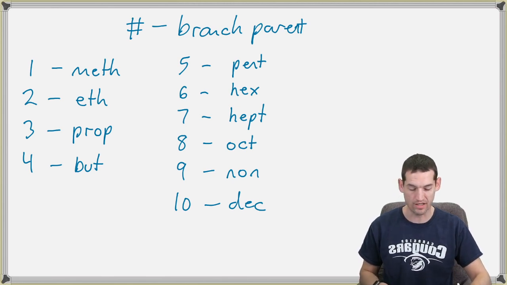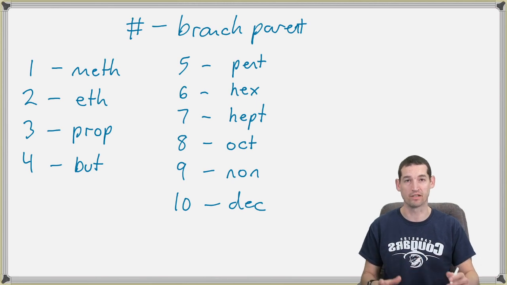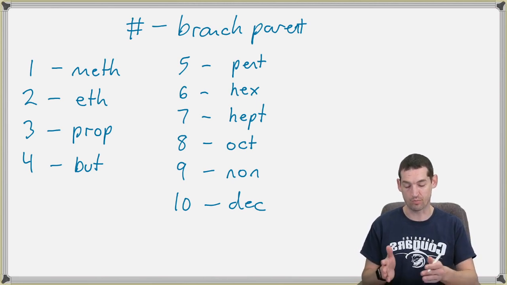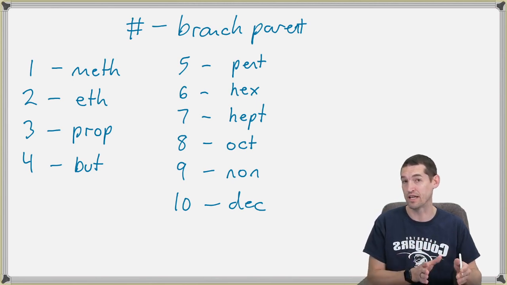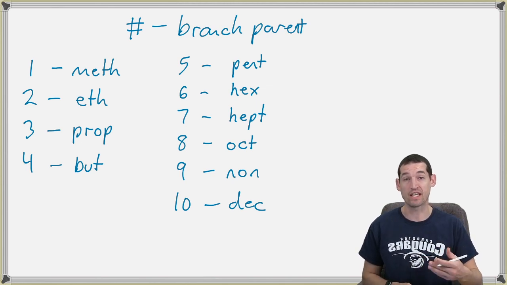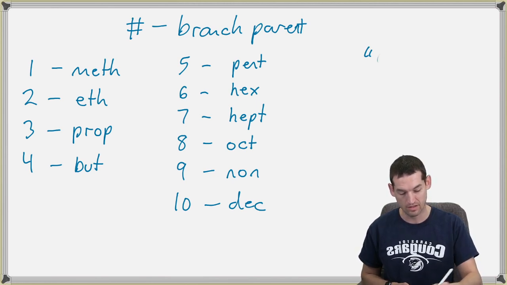The next one is that the parents that we're going to work with today, the specific type of parent, is called an alkane, which means that all of these prefixes, which tell us how many carbons are in the parent, will end with the type of parent that it is, which in this case is an alkane, which means they'll end in A-N-E.